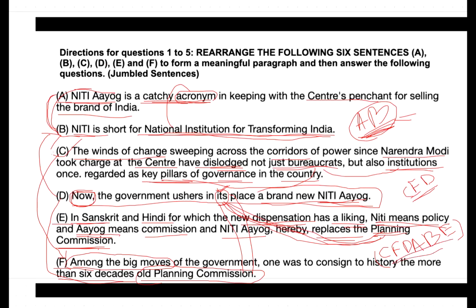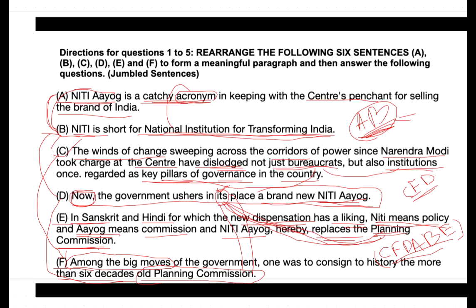The sequence should be: the first is C, the winds of change sweeping across the corridors of power since Narendra Modi took charge at the center have dislodged not just bureaucrats but also institutions once regarded as key pillars of governance in the country, where the beginning of the idea is pointed out, that Narendra Modi moved not just some bureaucrats but also institutions.